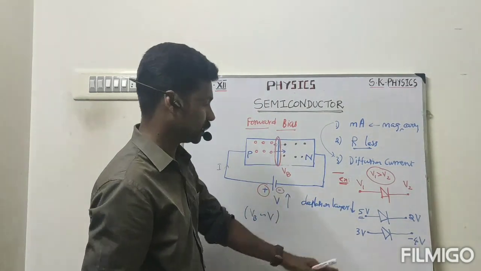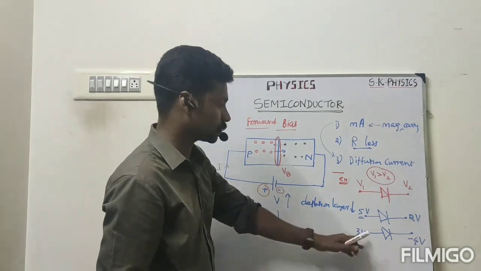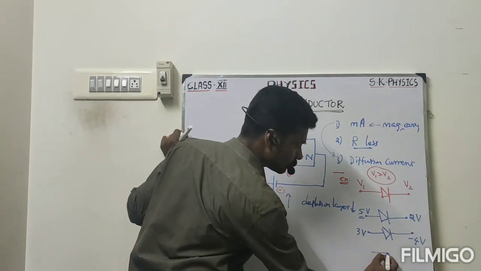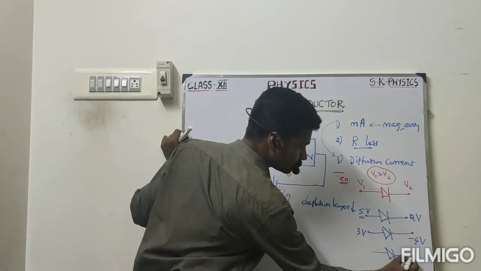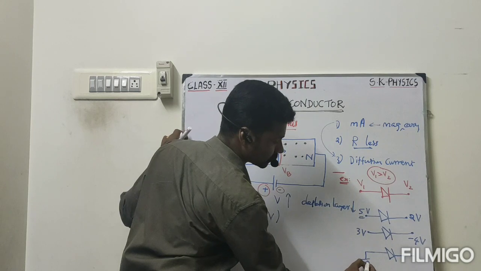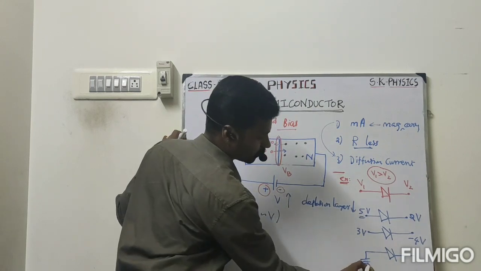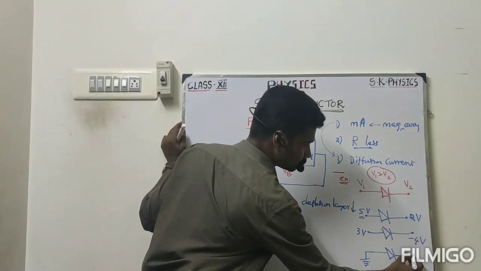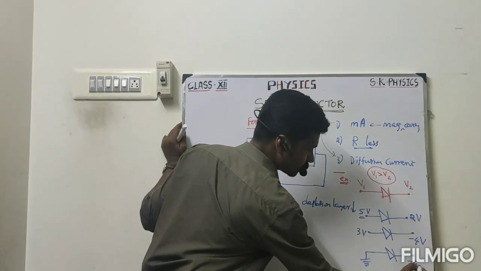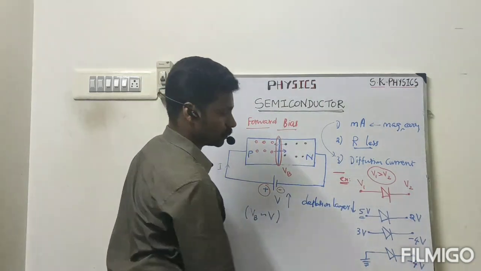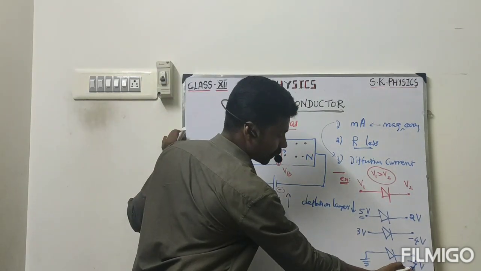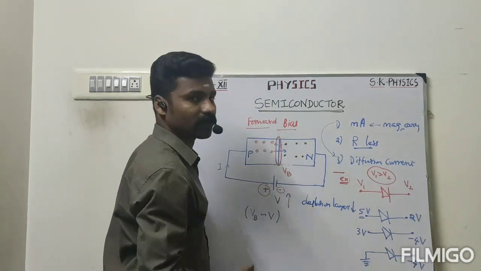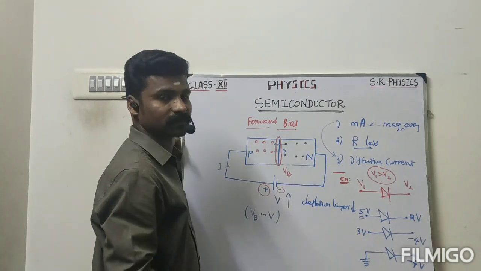Surely we know 3 volt is the higher value, so this is also forward bias. Then one more example: now we connect it with ground, that means this is 0. Now we connect the other side with minus 4 volt. So this is minus 4, this is 0. Comparing with minus 4, this 0 is the higher value, so this is also forward bias.